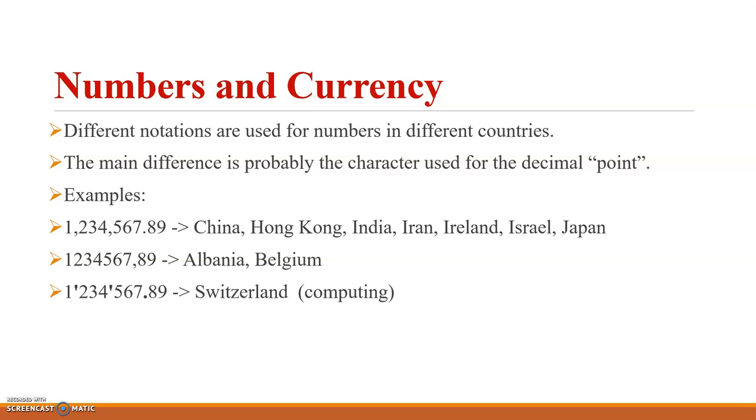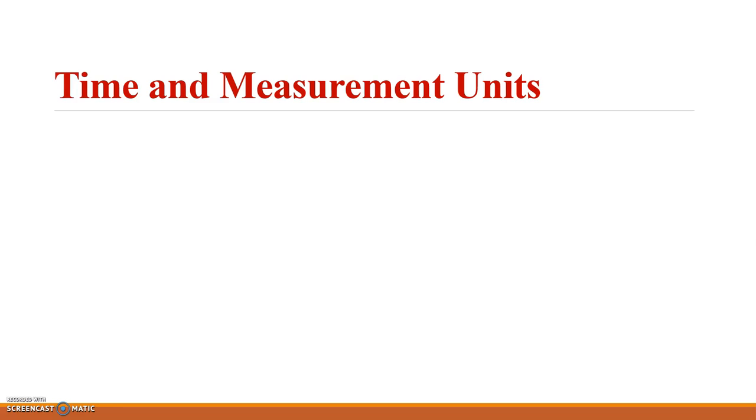If I take the example of Switzerland, for computing they again use a dot, but the way of representation is different. Again in Switzerland, while handwriting, they use a comma. So the way of representing a number as well as the currency is different for different countries. So while making any web application to an international standard, we have to take care of this also.